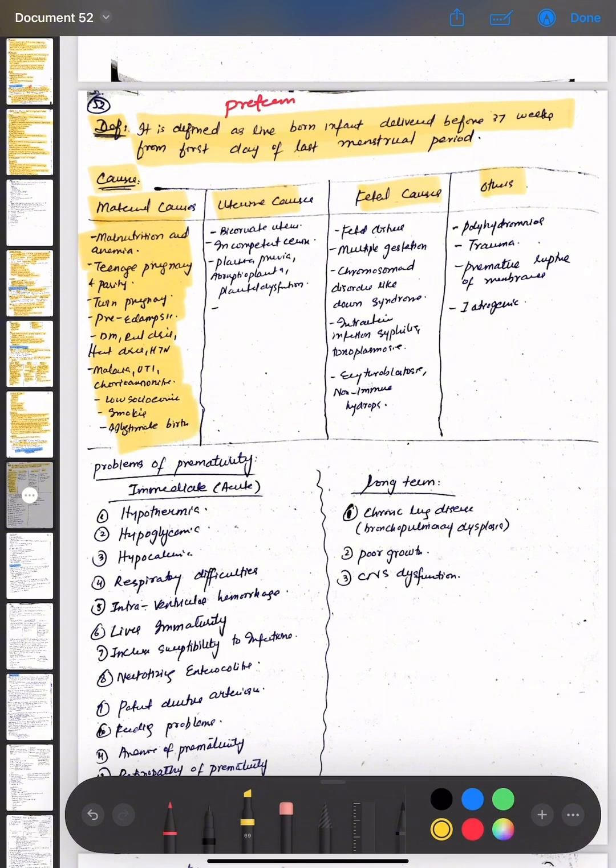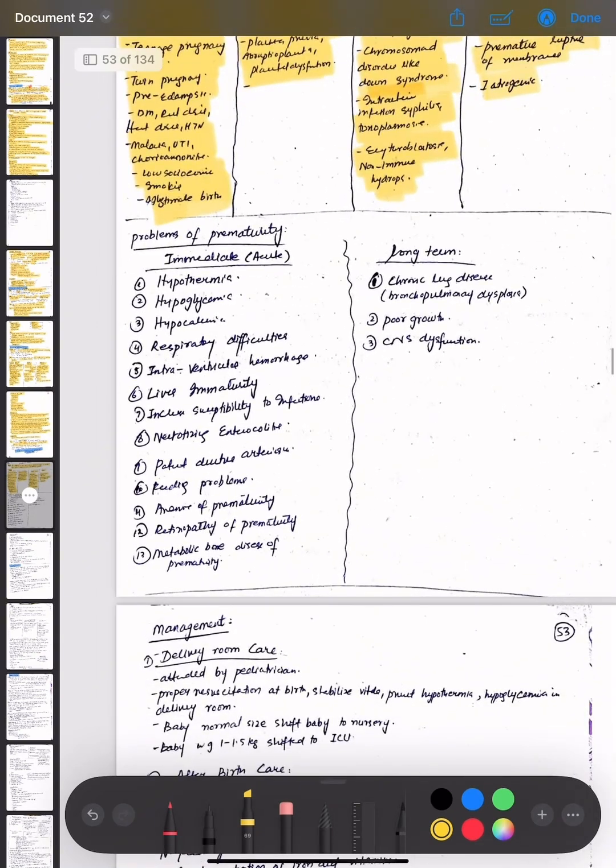The uterine causes are bicornuate uterus, incompetent cervix, placenta previa, abruptio placentae, and placental dysfunction. The fetal causes are fetal distress, multiple gestation, chromosomal disorders like Down syndrome, intrauterine infections, for example syphilis and toxoplasmosis, erythroblastosis, and non-immune hydrops. The other causes are polyhydramnios, trauma, premature rupture of the membranes, and iatrogenic causes.